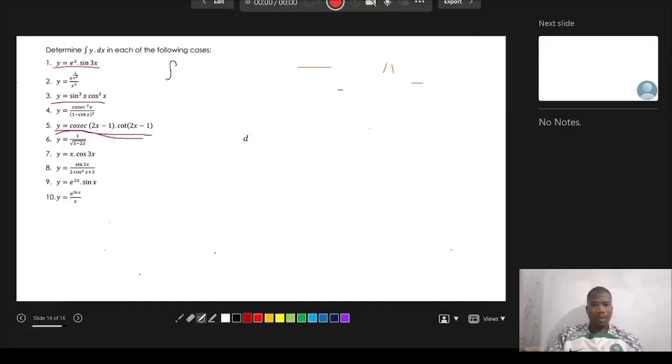So now we say the integral of cosec(2x minus 1) multiplied by cot(2x minus 1) dx, right?